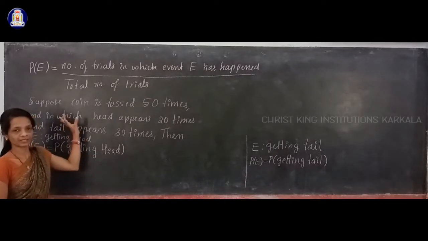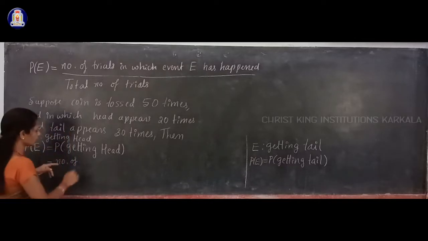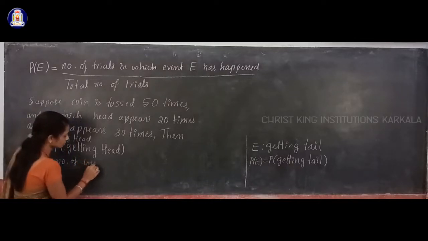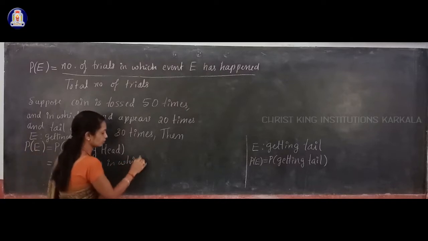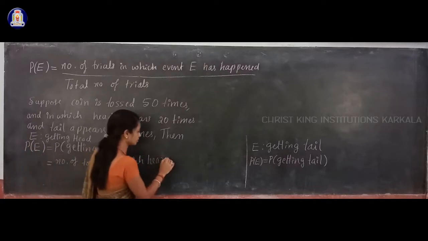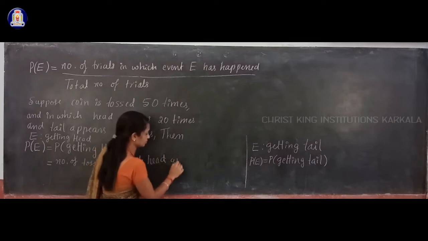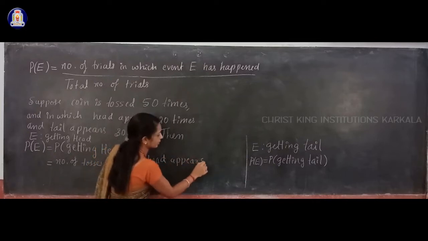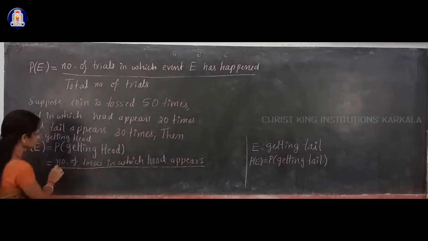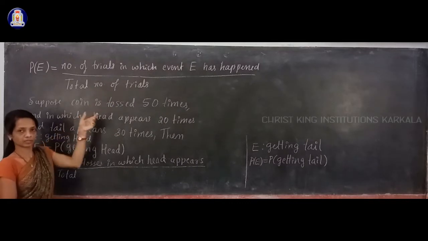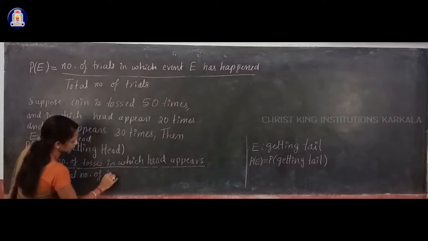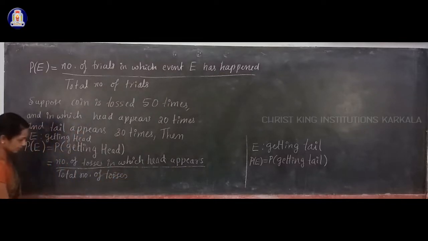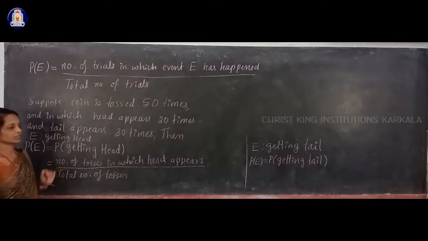So P of E is the number of tosses in which head appears on the coin, divided by the total number of trials, which means the total number of tosses.